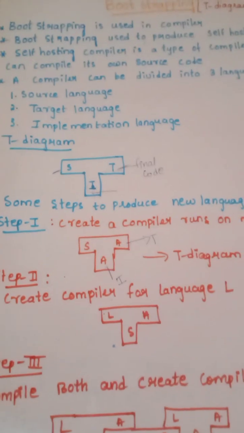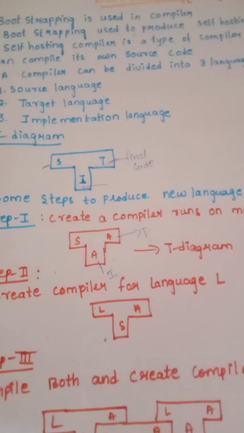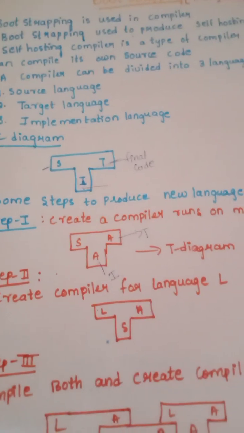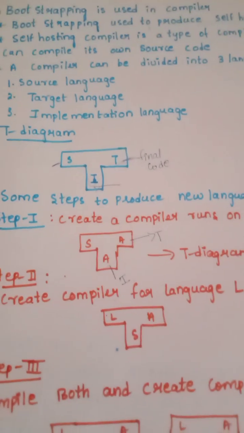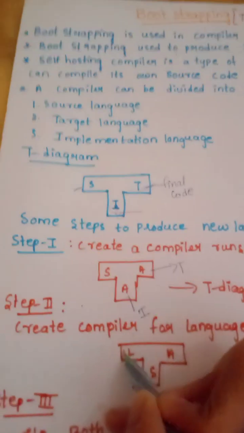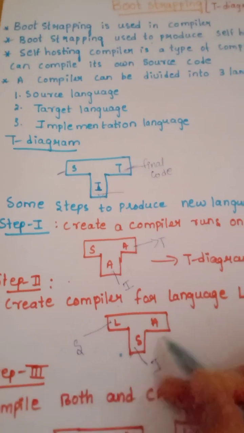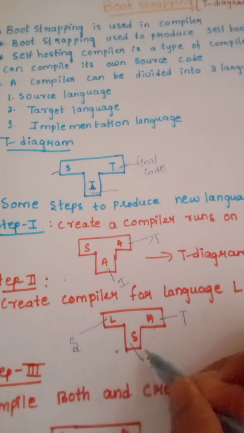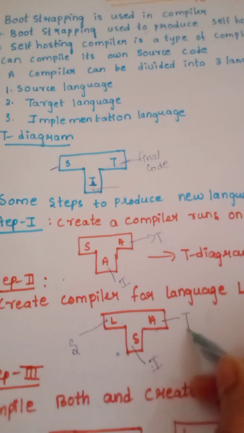Next, we have to create a compiler for language L. What does it mean? You have to start with the language L, whatever language you are starting with. Here the language L acts as the source language, this acts as the implementation language, and this acts as the target language.